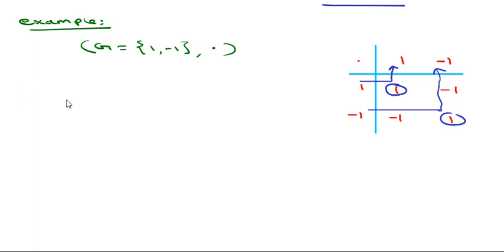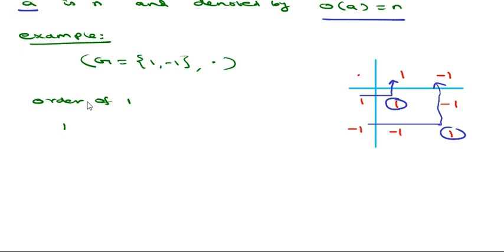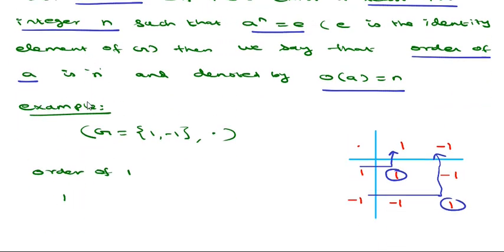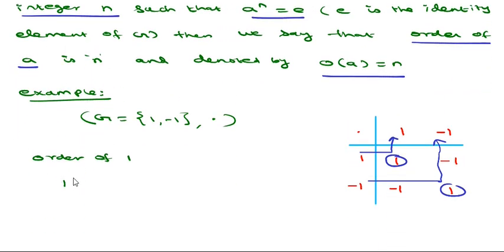Now we will find the order of the elements 1 and minus 1. That is, order of 1. As per the definition, it's the least positive integer n such that a power n equal to e. So 1 power 1 is equal to 1, which is the identity element.